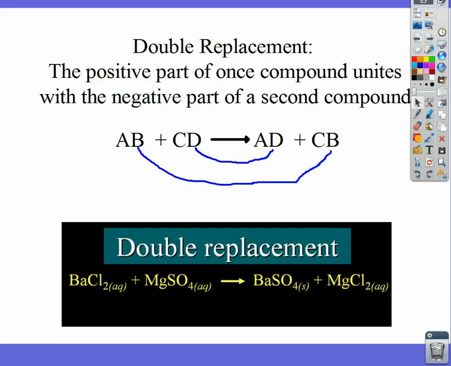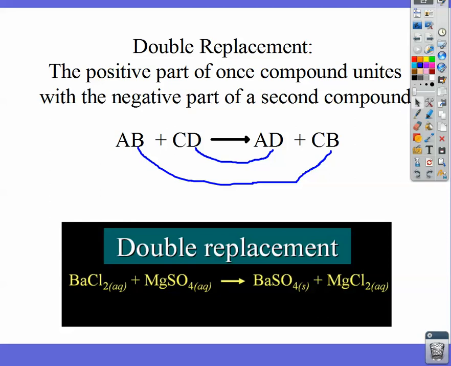But then the element that was kicked out of AB replaces the element that left from CD. This is a little more complicated still than a single replacement. So instead of AB that we had in the beginning, we have AD. D has replaced B. That's one replacement. But then as well, we started with CD, but the element B has come in and replaced that D. So we have a second replacement that happens here.